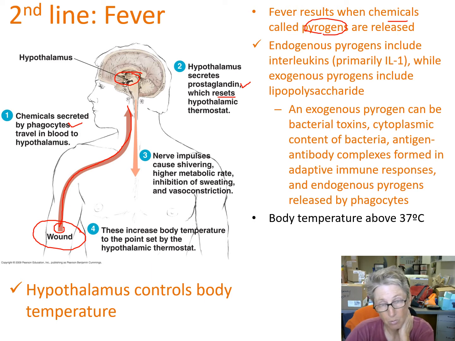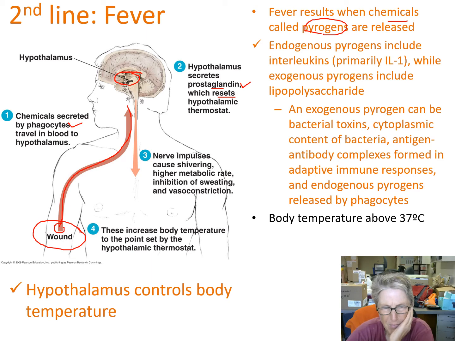So what's your thermostat usually set at? What is it, 98.6? Well, they'll reset it. These prostaglandins will reset that thermostat to a higher degree, and then your body temperature rises, you have a fever.